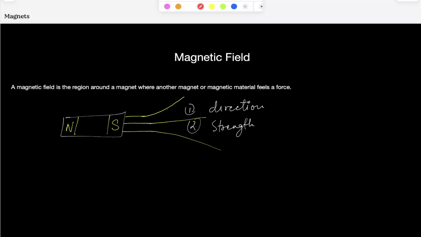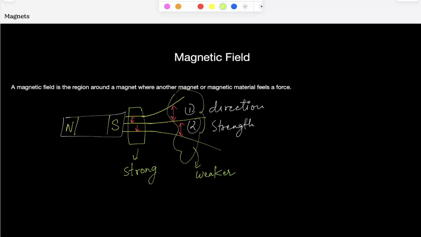Can you see the distance? Over here they are closer, but there they are further apart. This shows that this region has a strong magnetic field, whereas the region away from the magnet itself is weaker.